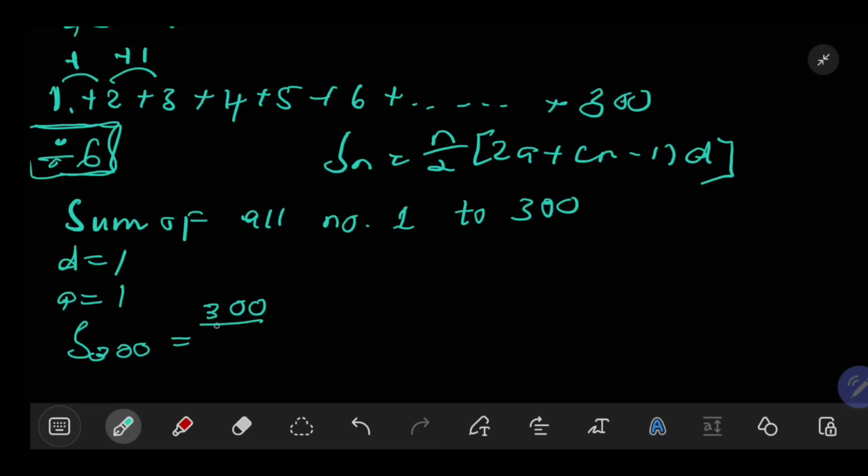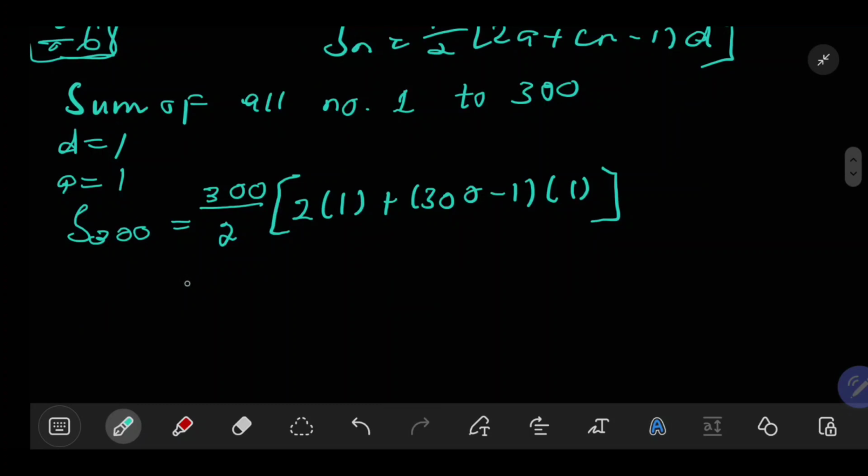All right, so we divide this by 2, and then 2, the value of a is 1 plus 300 minus 1, then the value of d is 1. Okay, so this becomes 300. Then inside here we're going to have 301.